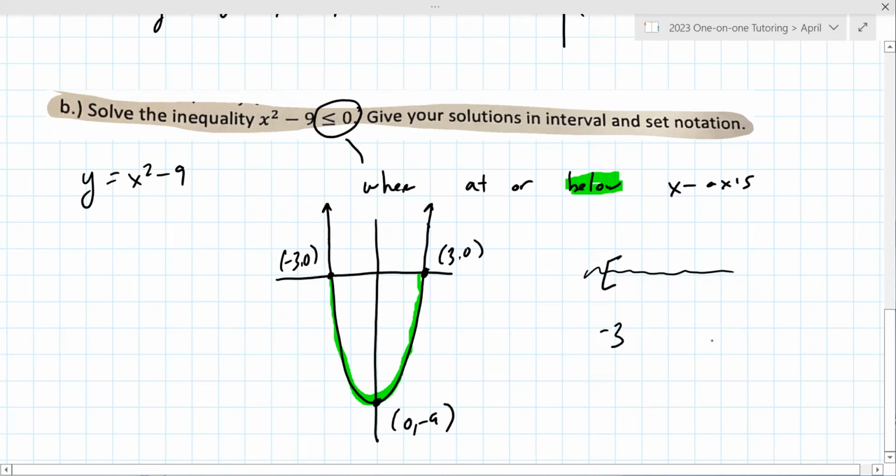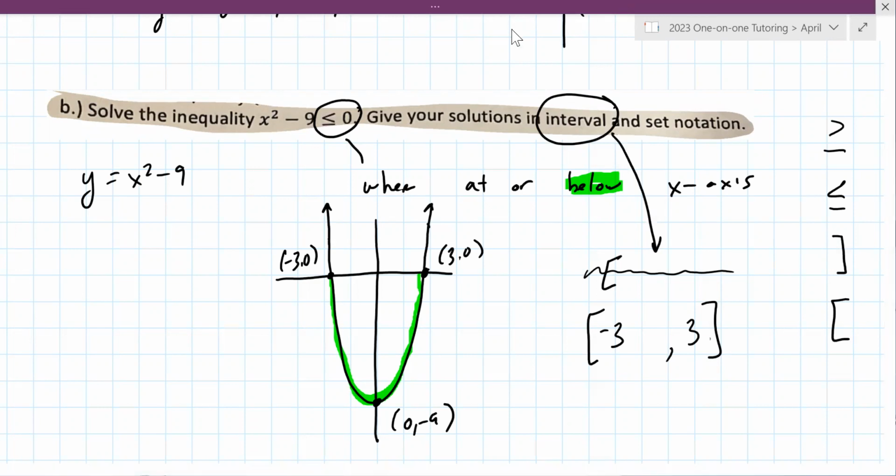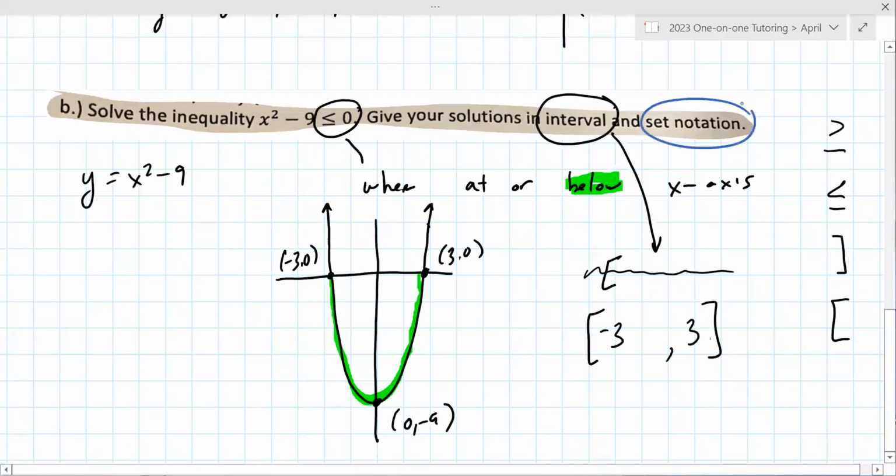Okay. Now, what is the leftmost x value that occurs at? -3. The furthest value is -3. And what is the rightmost x value? 3. Okay. Now, because it's less than or equal to, and this also applies to greater than or equal to, you use brackets. That's the interval notation. Set notation you've been doing for a while, I think, in your class.